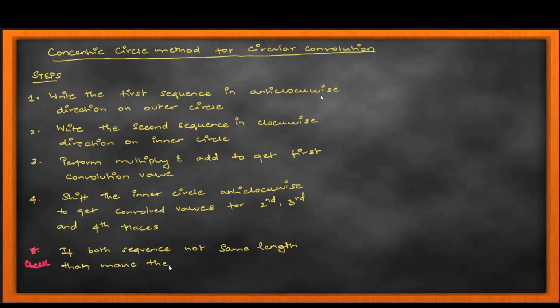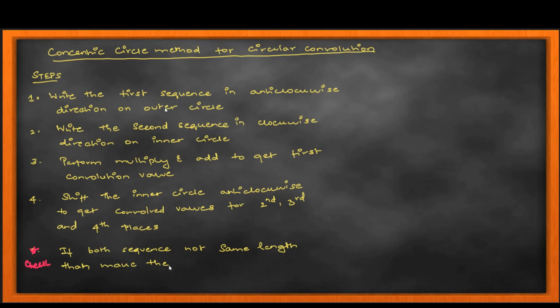So these are the 4 steps. You need to write the first sequence in an anti-clockwise manner. You need to write the second sequence in a clockwise direction. The first sequence comes in the outer circle. Your second sequence comes on the inner circle. Which is your first sequence and which is your second sequence is totally your call.